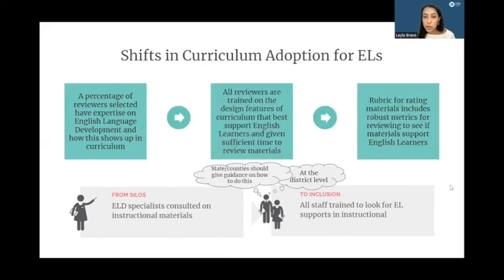So making sure that the percentage of reviewers selected have expertise on English language development and how this shows up in curriculum. Folks can have expertise on English language development, but it's also really important to understand how curriculum can do that as well. And that all reviewers are trained on the design features that curriculum can bring. There's also the development of a rubric, right? And that rubric needs to have really robust metrics to make sure that materials support English learners.